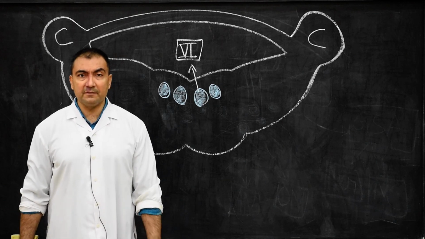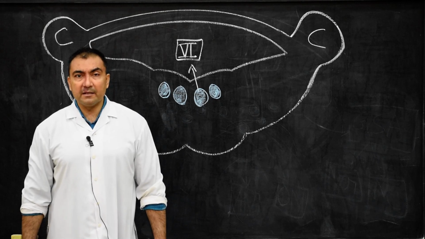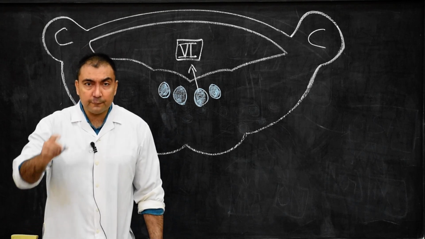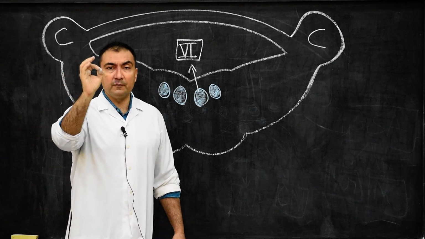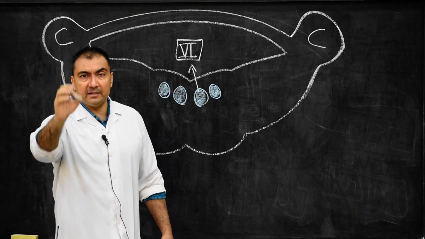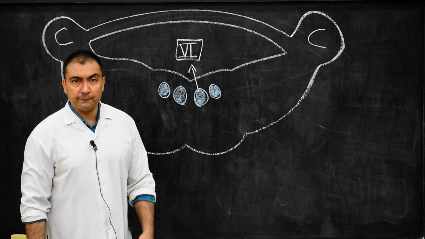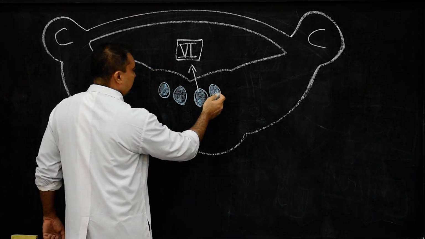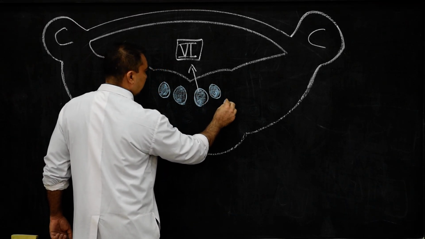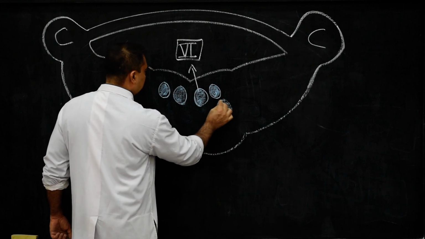So it is called special visceral efferent, or it will be known as branchial efferent. Here there will be development of two nuclei: number one, trigeminal nerve nucleus, and number two, the motor nucleus of facial nerve. So this will be the trigeminal nerve nucleus, and here there will be the motor nucleus of facial nerve.